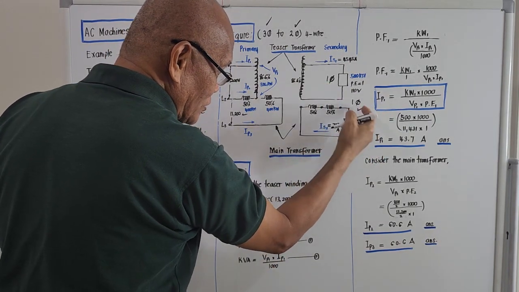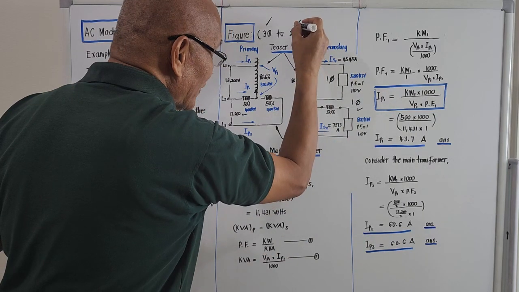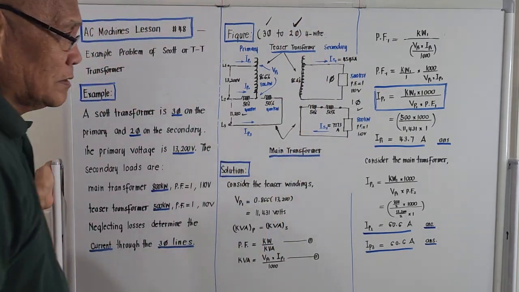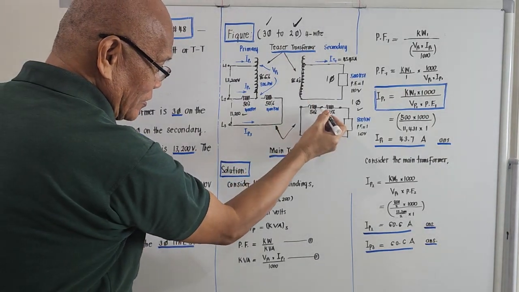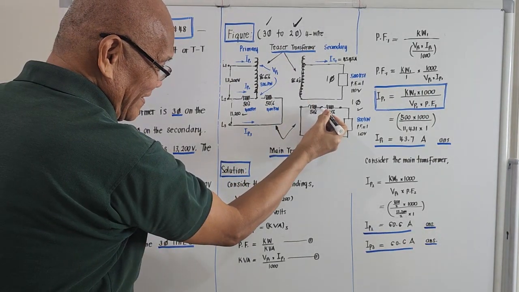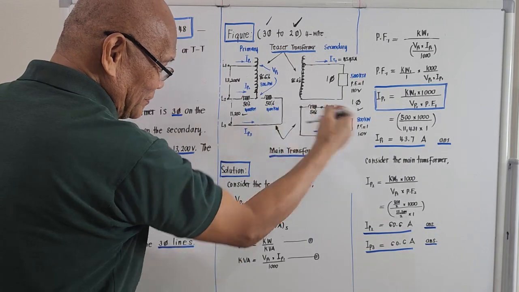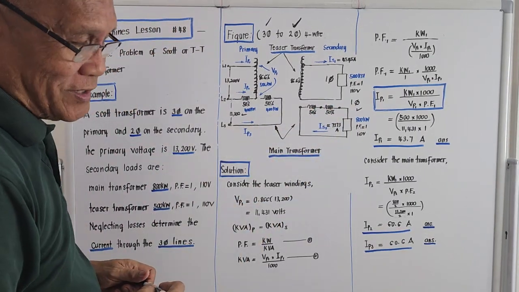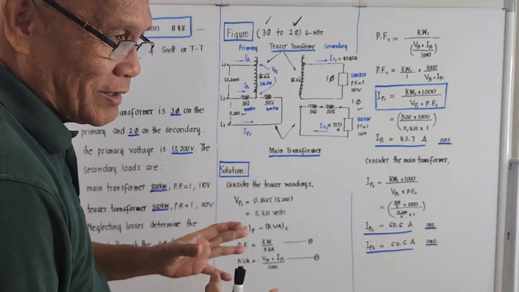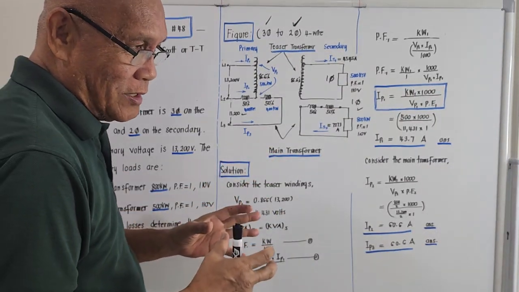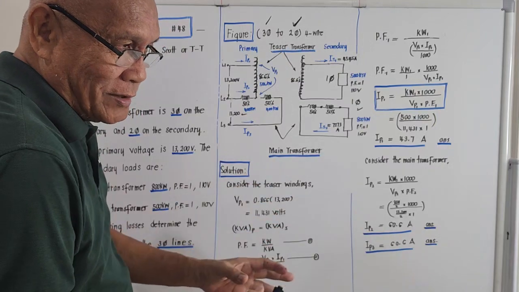So a single phase plus a single phase is two-phase. This point here is not connected to this, because like what I said, on the main transformer there are 6 terminals. So whatever connection we would like, we could do it.